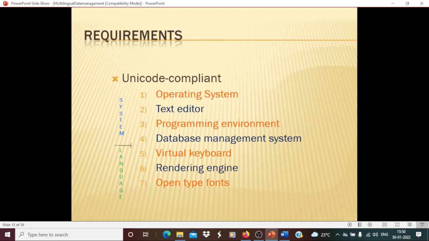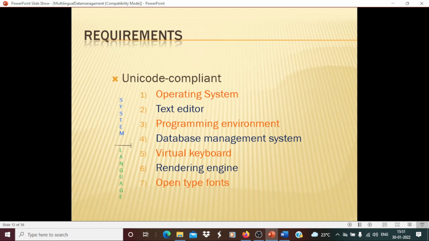Your programming environment, whether PHP, Perl, Visual Basic, C, C++, Java, JSP, ASP, or Ruby on Rails, must be Unicode compliant. Most of these open source programming environments like PHP, Perl, Ruby on Rails, the entire LAMP architecture, are Unicode compliant. And the most important factor is the database management system.